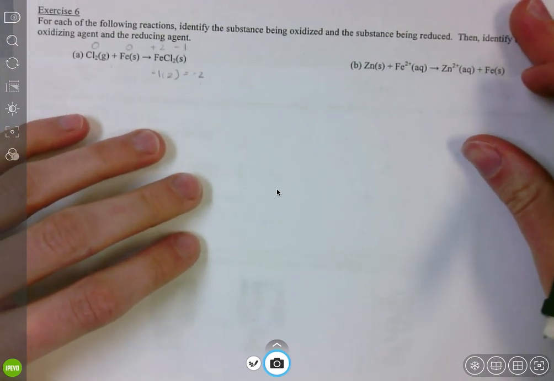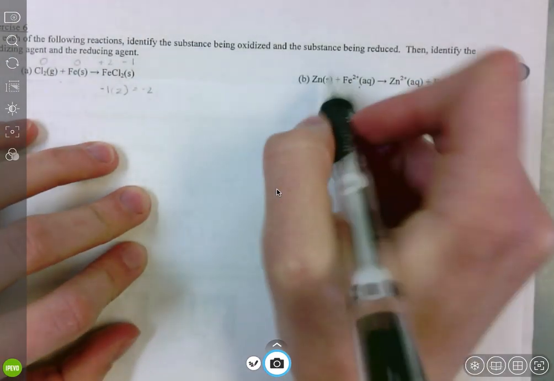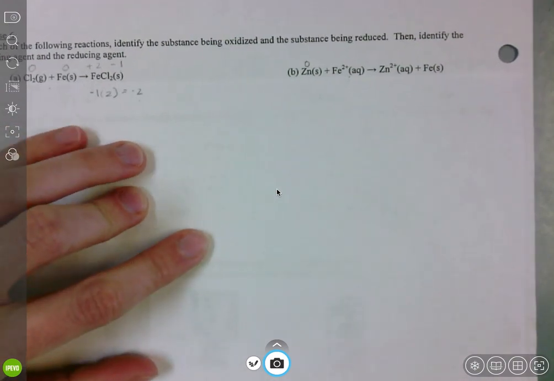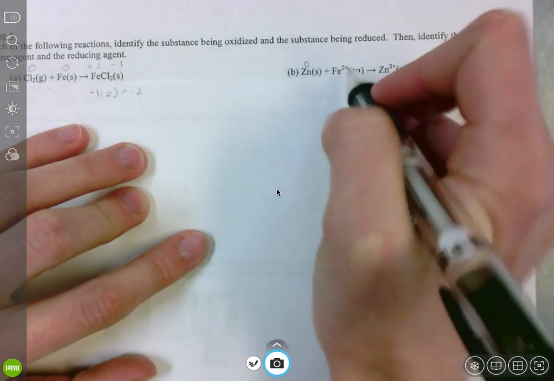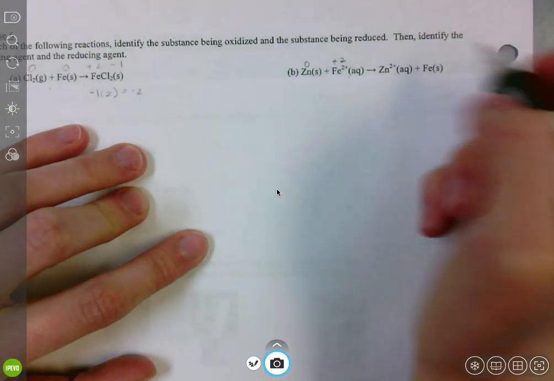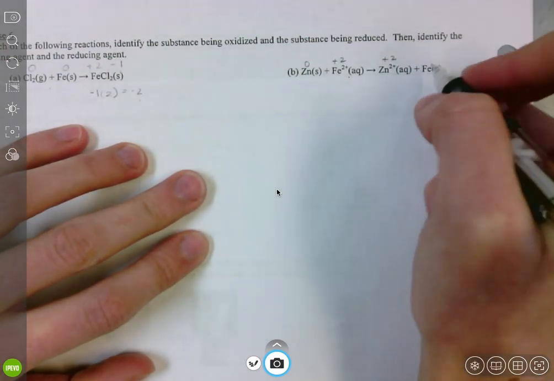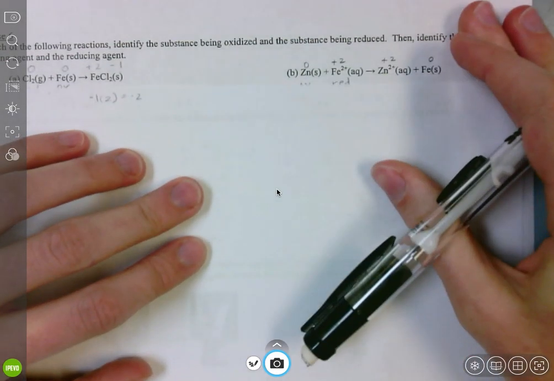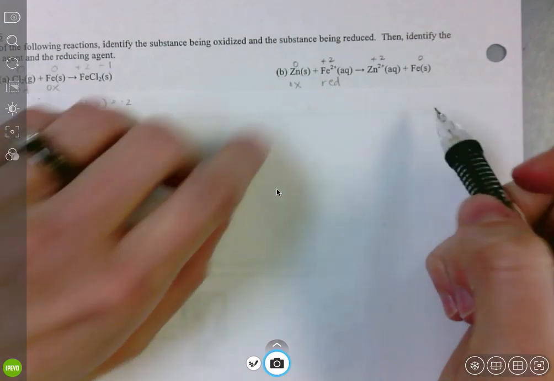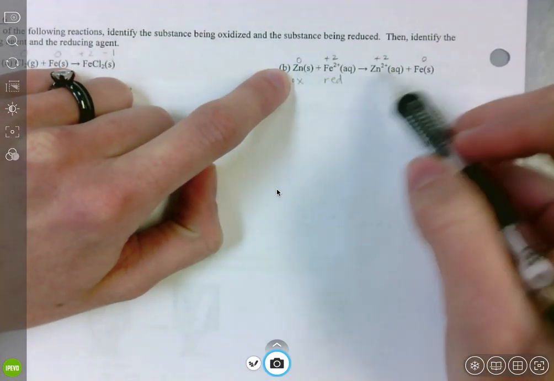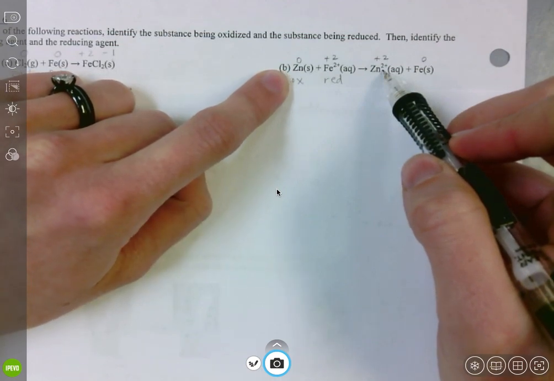For letter B, again, we have to look at our charges. Zinc is in its elemental state, so it's got an oxidation number of 0. Iron, it tells us here in its charge, is a +2. Zinc in the product is forming a +2 charge, and then iron is 0 at that point. Compared from your reactants to your products, zinc is losing 2 electrons to form a +2.